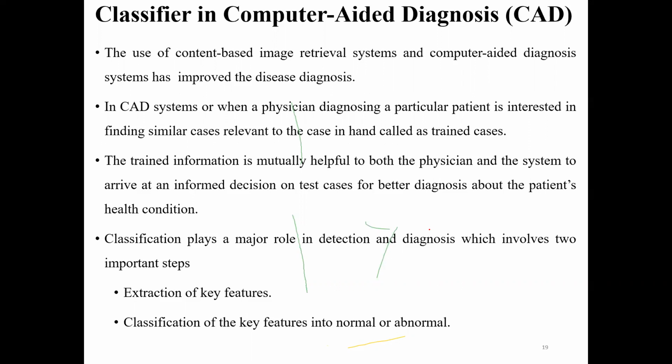In a CAD system, a physician diagnosing a particular patient is interested in finding similar cases relevant to the case in hand, called trained cases. So the trained information is mutually helpful to both the physician and the system to arrive at an informed decision on test cases for better diagnosis about the patient's health condition.